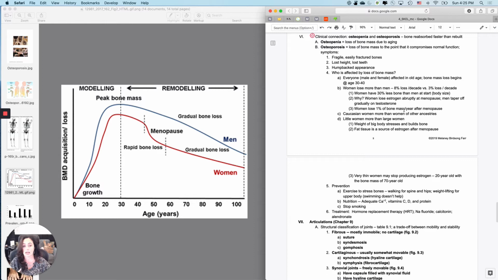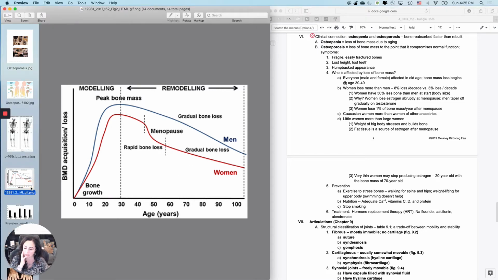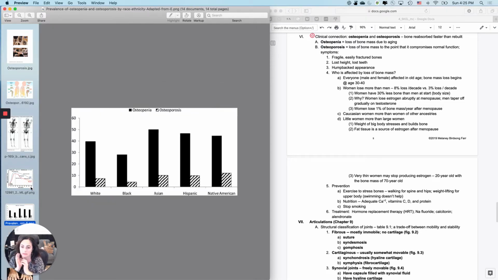which accounts for most of the 8% per decade. Okay, now there is also some ethnicity associated with it because not all ethnicities have the same bone mass to begin with. So if you look at a bunch of different ancestries, you will see that the likelihood of osteopenia and osteoporosis is not the same across multiple ethnicities.